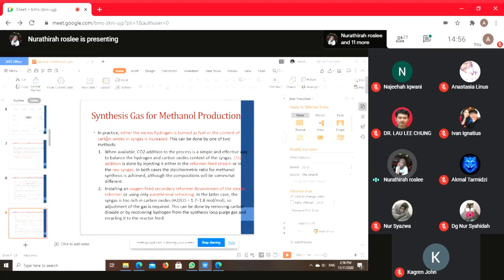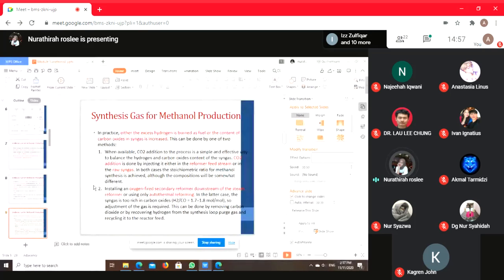For the first method, when available, CO2 addition to the process is a simple and effective way to balance the hydrogen and carbon oxide content of the syngas. CO2 addition is done by injecting it either in the reformer feed stream or in the raw syngas. In both cases, the stoichiometry ratio for methanol synthesis is achieved, although the composition will be somewhat different.